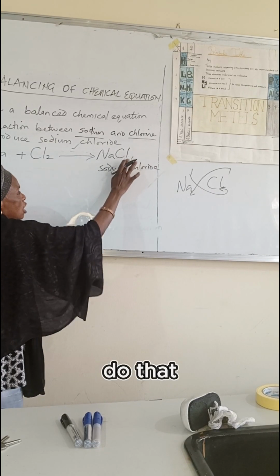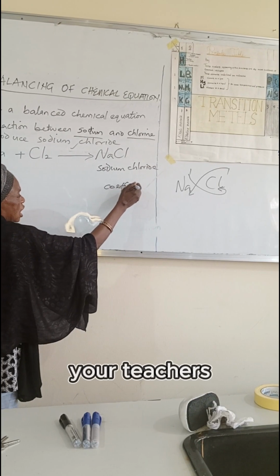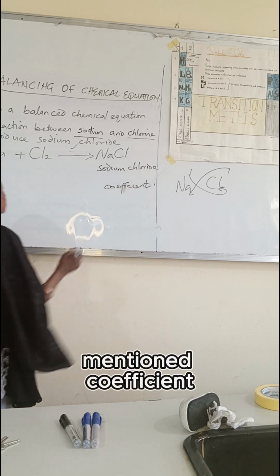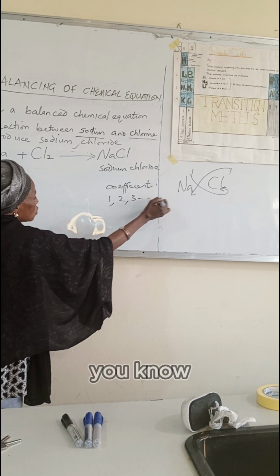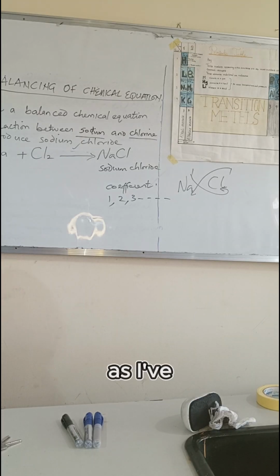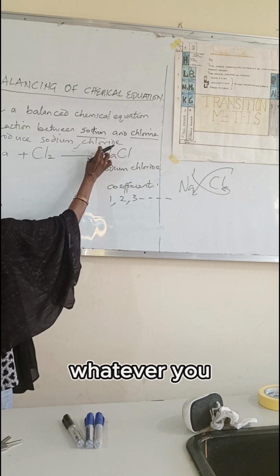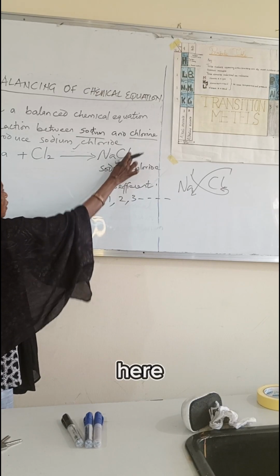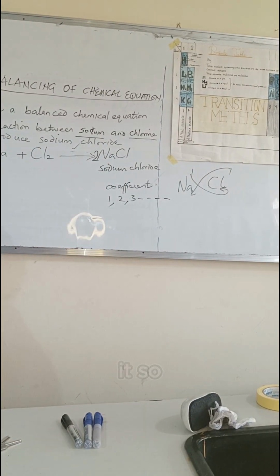So what we do, you will not change the subscript. No, don't do that. In chemistry, we look for coefficients. Your teachers must have mentioned coefficients. A coefficient may be 1, maybe 2, maybe 3. So now to make this one 2, whatever you put here will multiply the 1 here. So let's put 2 here now. Look at it.